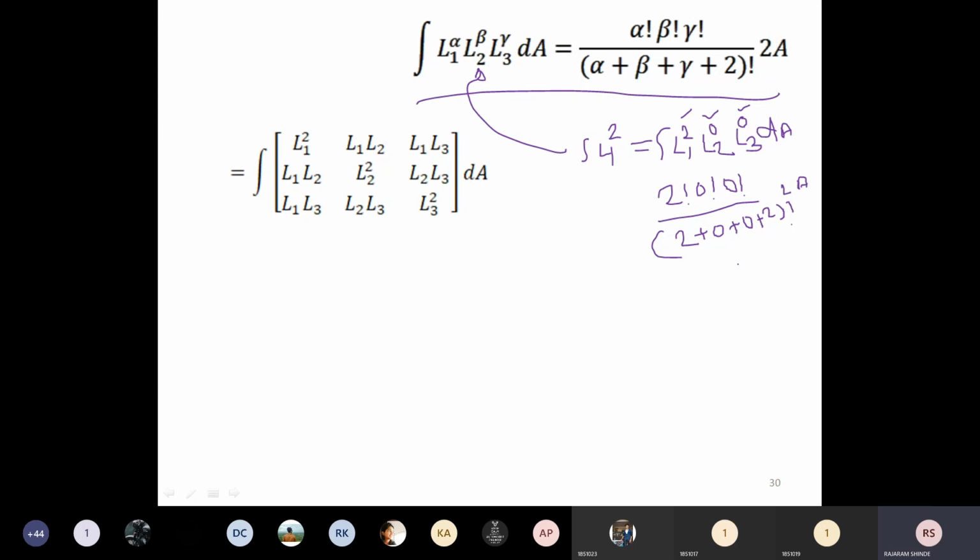Now what is the result of this? A by 6. Is it correct? Yes, it is correct, A by 6. Now this is the first integration, the first term.